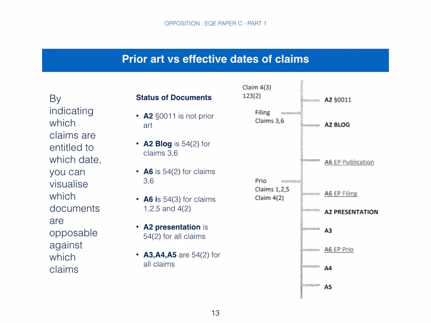And last but not least, the three documents A3, A4, and A5 were all published well before the opposed patent's priority date, and therefore are 54.2 prior art against all claims of A1. Now we know the legal status of the documents, we can turn to the description of A1 for a second reading. We will come back, of course, to the legal status when we are writing our answer.